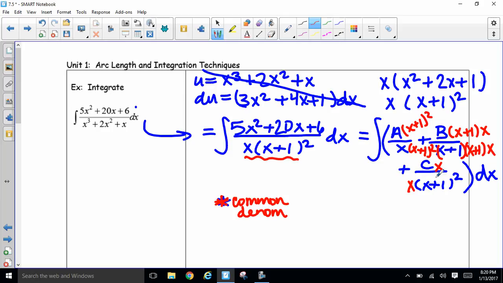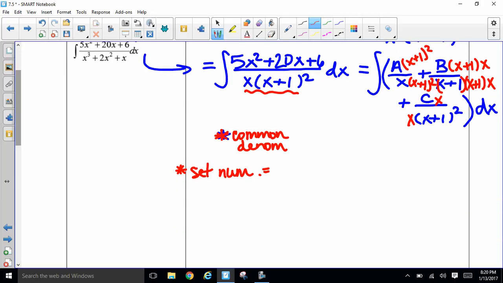Well, then the last page was telling us you need to now set your numerators equal once you've gotten the common denominator. So we get a common denominator, then we set the numerators equal. So that means now I'm working with 5x squared plus 20x plus 6.